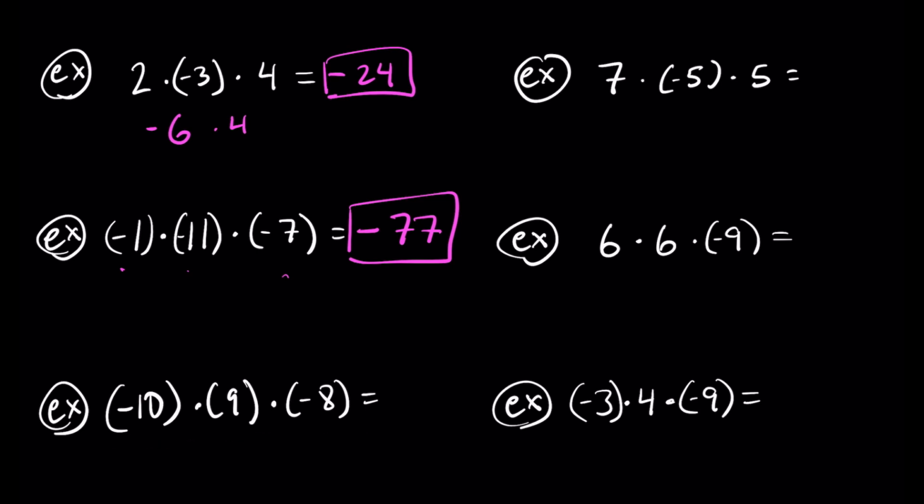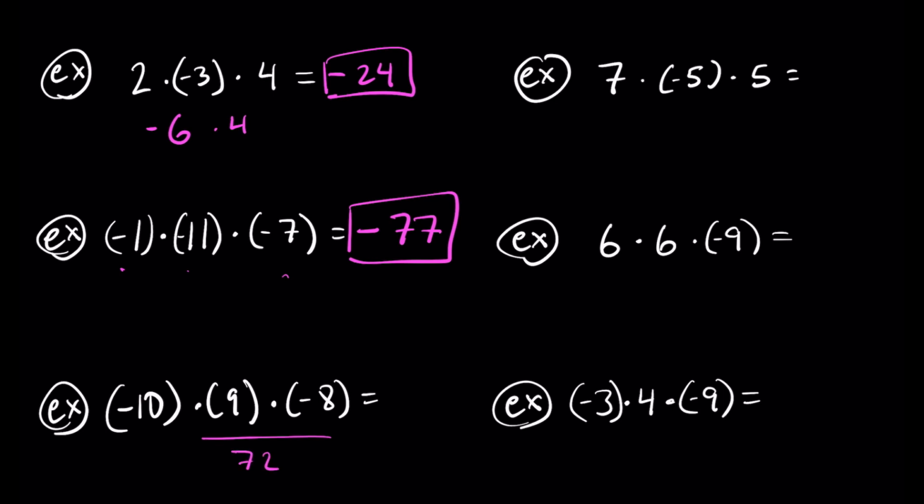Down here, negative 10 times 9 times negative 8. Well, we have an even number of negative factors. So 1 and 2. There's 2 negative numbers there. So our answer is going to be positive. I could do 10 times 9 times 8, but why don't I just do 9 times 8, which is going to be 72.